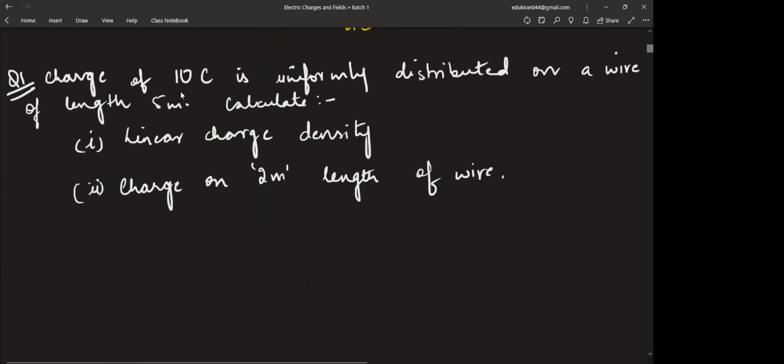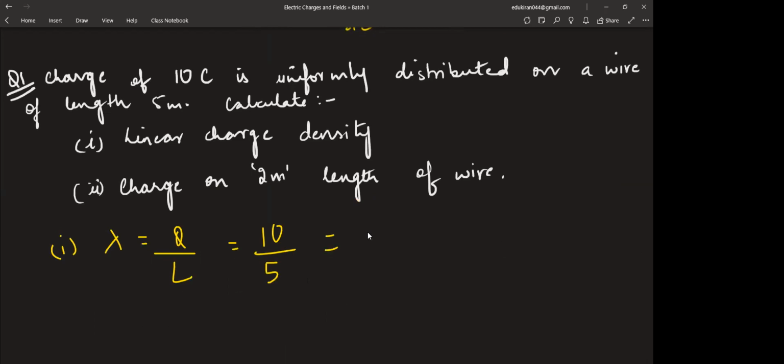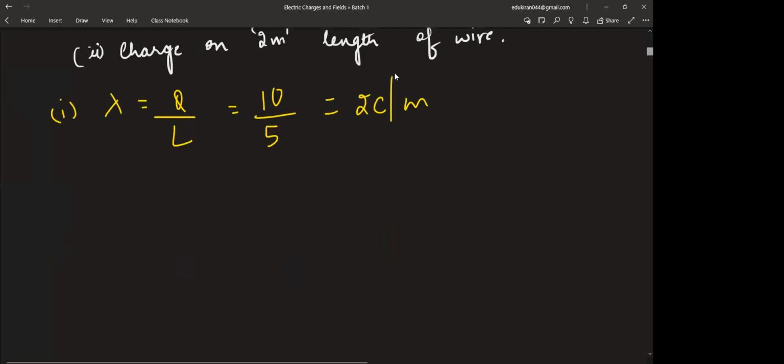Look at this question. It says that charge of 10 coulomb is uniformly distributed on a wire of length 5 meters. Linear charge density lambda would be charge divided by the length. Charge is 10 coulomb divided by the length, 5 meters. So this is 2 coulomb per meter. Now, the charge on 2 meter length of wire. What is this saying?